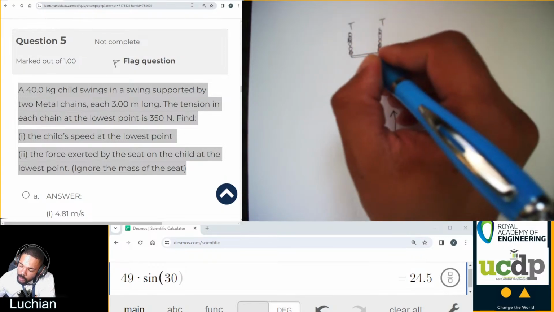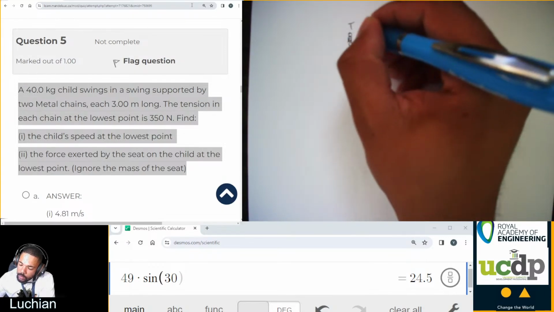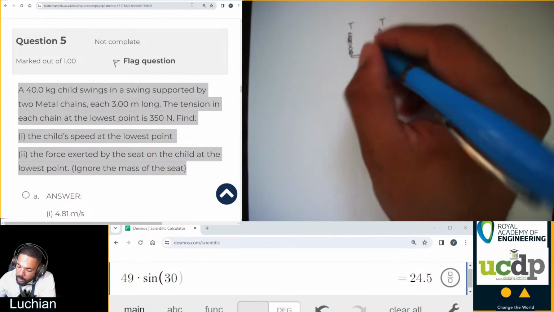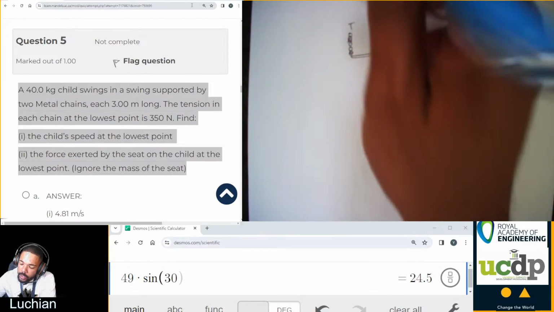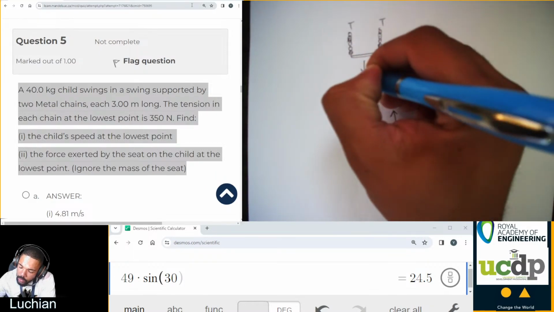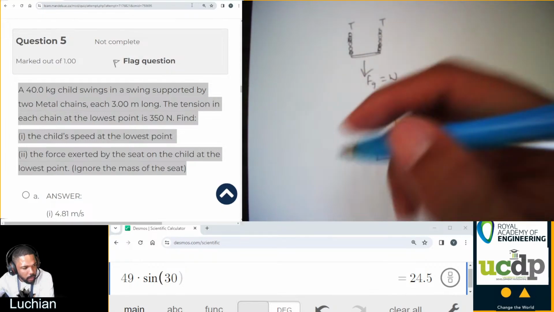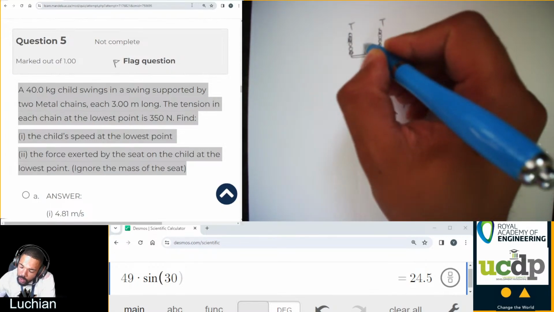So if this is the seat, then the normal force is equal to the force holding the seat upwards. This normal force is the force pushing against the child. The child's weight, or the force of gravity on this child, is pushing the seat downwards, and the normal force is exerting a force upwards.